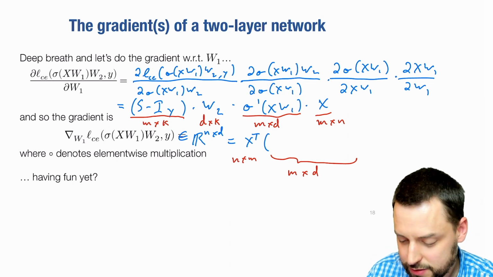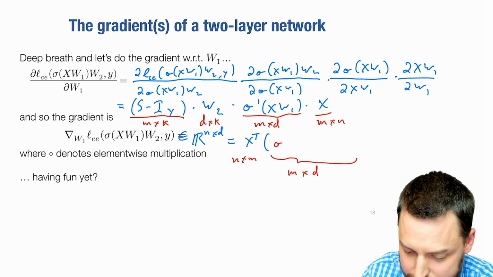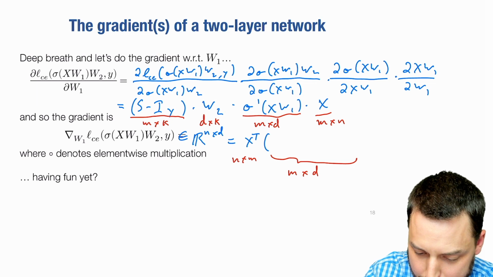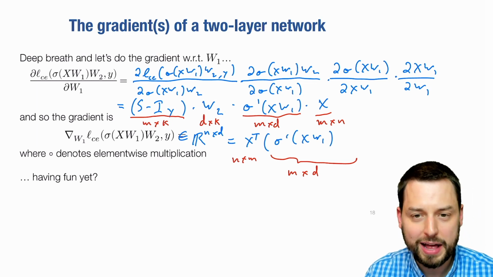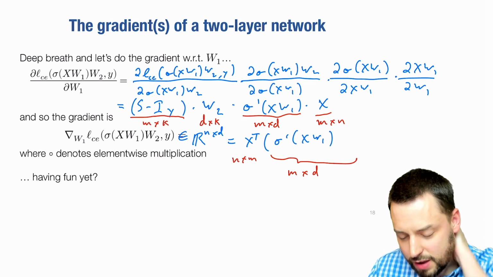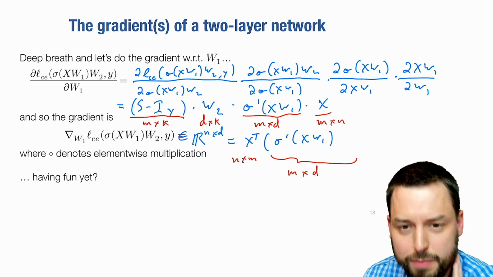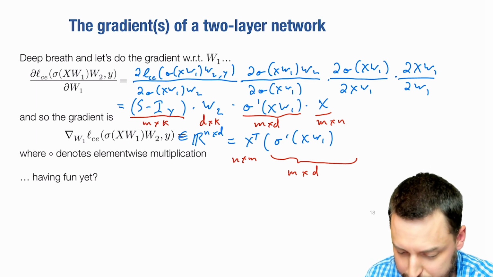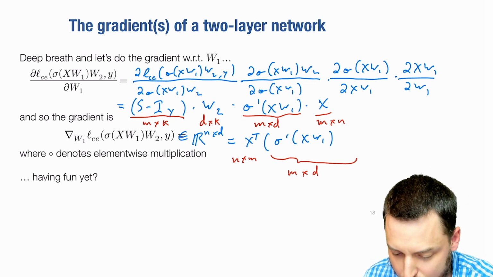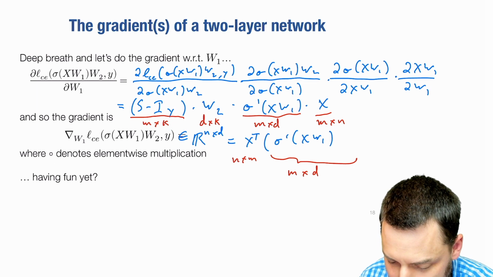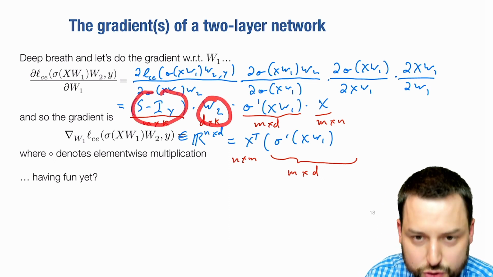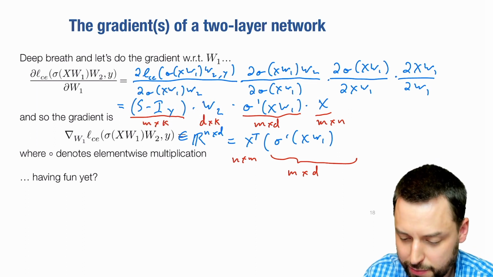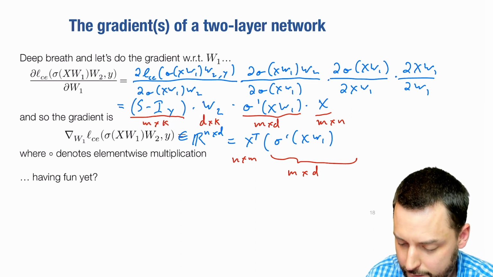So let's put that in there: sigma prime of x w1. But we have to multiply it with other things too. The other thing that could be in this sequence that could also be m by d is this term times this term transpose. So we also have this other term.